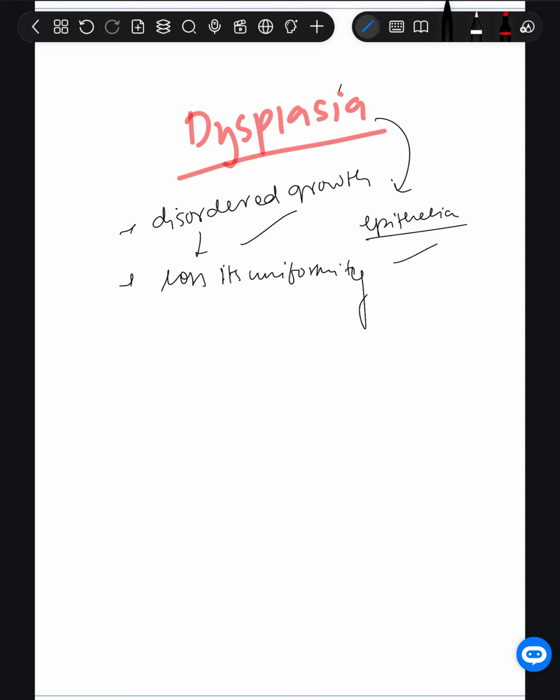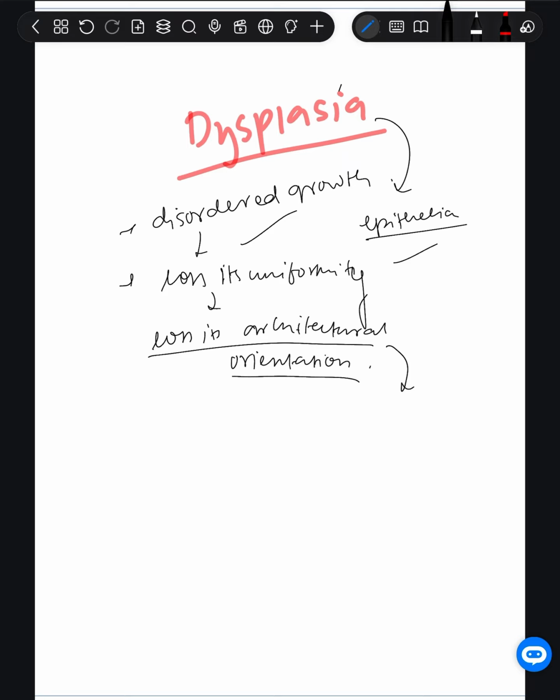So this is disordered growth, which means loss in uniformity. What is loss in uniformity? It has lost its architectural orientation. Secondly, when it's lost its architectural orientation, we say it is pleomorphic.